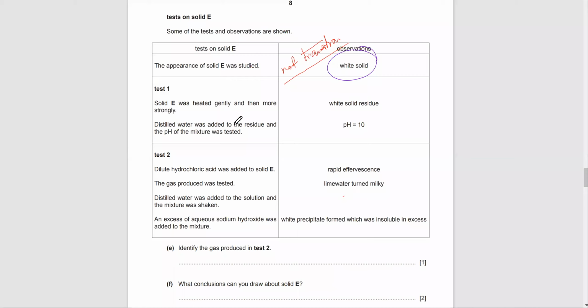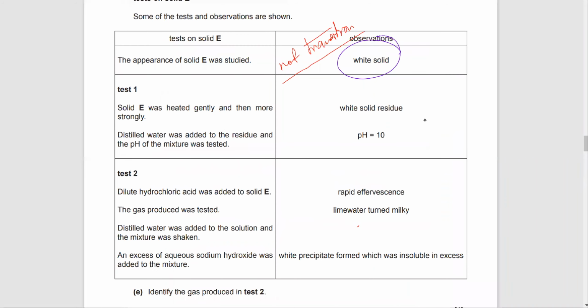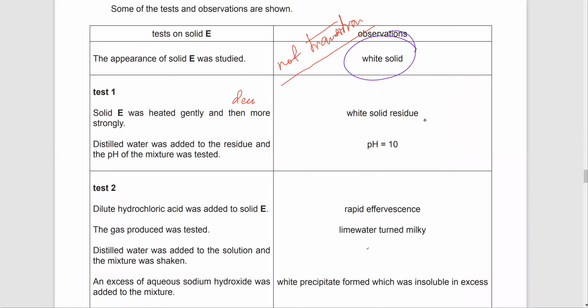Then solid E was heated gently and then more strongly, and a white solid residue is formed. So I think it's decomposing, but we're not sure. Distilled water was added to the residue, and the pH of the mixture was tested, and you're getting an alkaline pH.